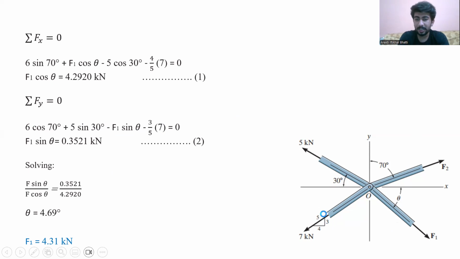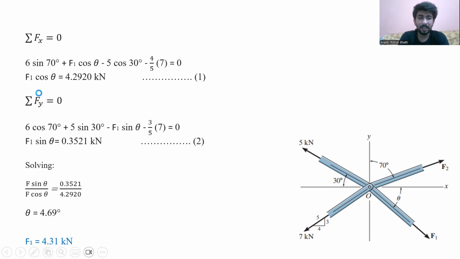So this is perpendicular 3 and hypotenuse 5. So this is 3 over 5 and the force is 7. So it is equal to 0. So I get the other equation which says the force in member 1 with vertical component, F1 sine theta, is equal to 0.3521 kilonewton.